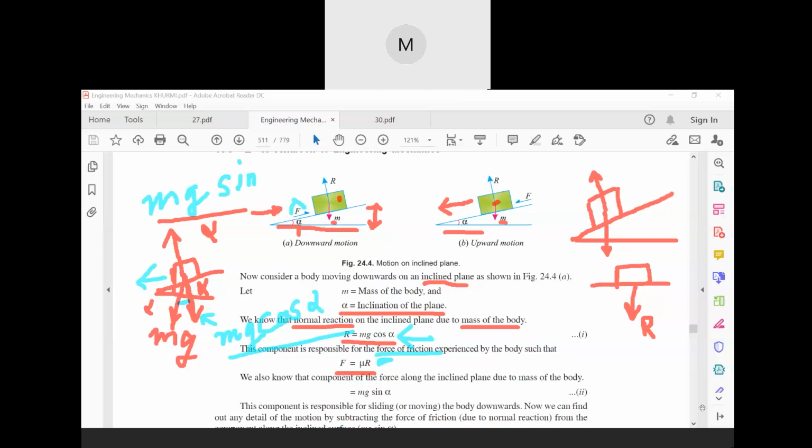So we will write like this, mg sin alpha. Now there are two components. For R it is mg cos alpha, and for the other side it is mg sin alpha.